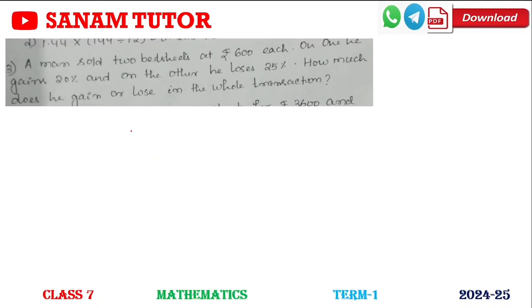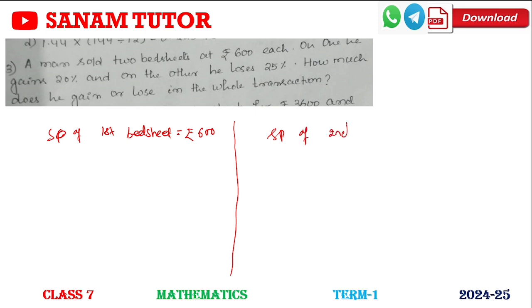A man sold 2 bed sheets. Suppose this is bed sheet 1, that is sold, so SP of the first bed sheet is equal to 600. Similarly, SP of the second bed sheet is the same, 600 rupees, because 600 each.